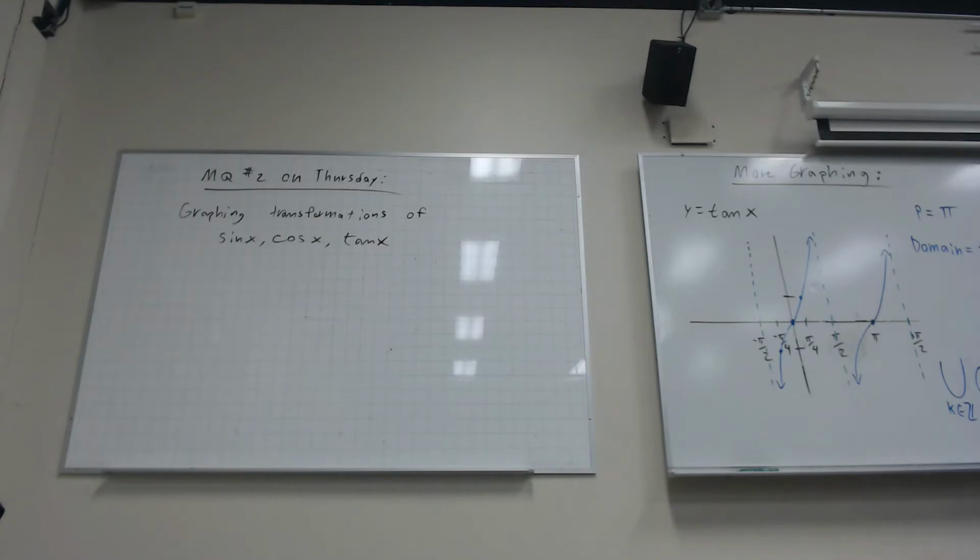One cycle. So a cycle of 2 pi or a cycle of pi, are they going to mark us wrong? A cycle will depend on the period. For sine and cosine, it's 2 pi. For tangent, it's pi. Right?